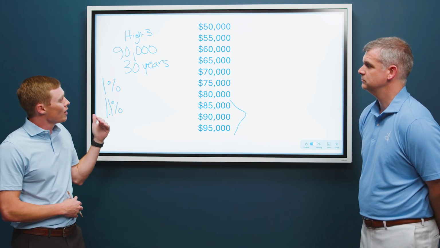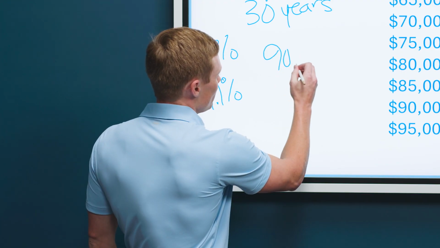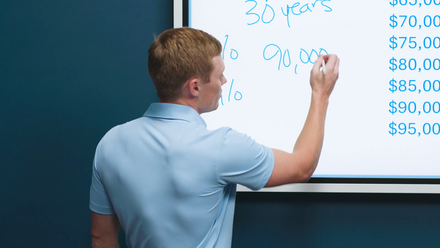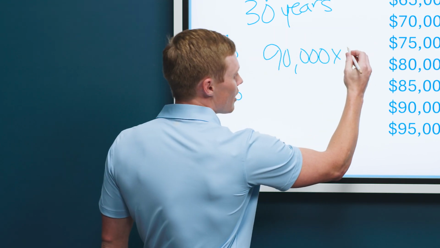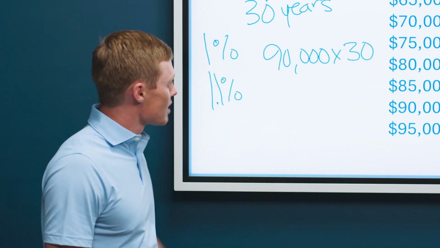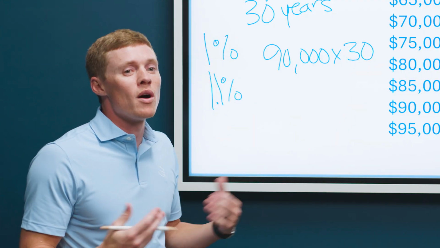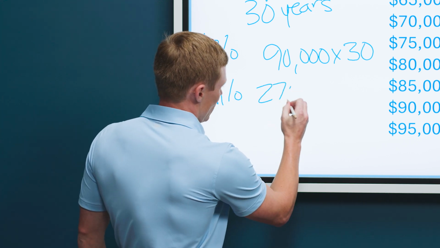The way you calculate your FERS annuity is you take your high three, your $90,000, and multiply that times the years of service that you had. So 30 years of service times your high three gives us $270,000 when you do the math.